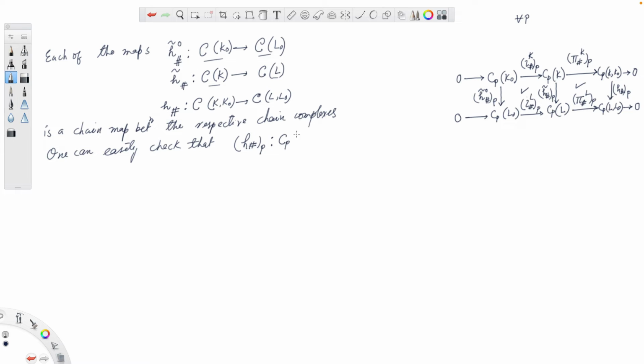This is from CP of K comma K0 to CP of L comma L0.